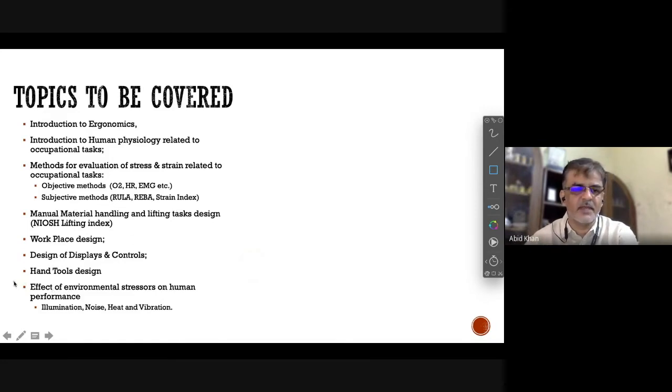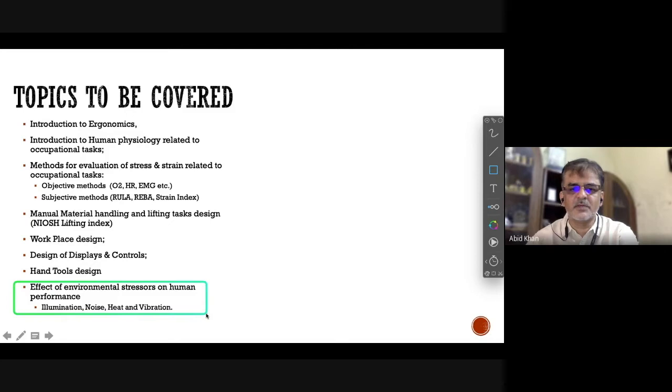Effect of environmental stresses. There are many environmental stresses, however, few are very important, like illumination, noise, heat, and vibration. Illumination is very important if you are doing a precision task. For example, you are working in a quality control department, or on a very precise metal cutting operation. Noise. If you stand on the railway station, sometimes you cannot talk with each other.